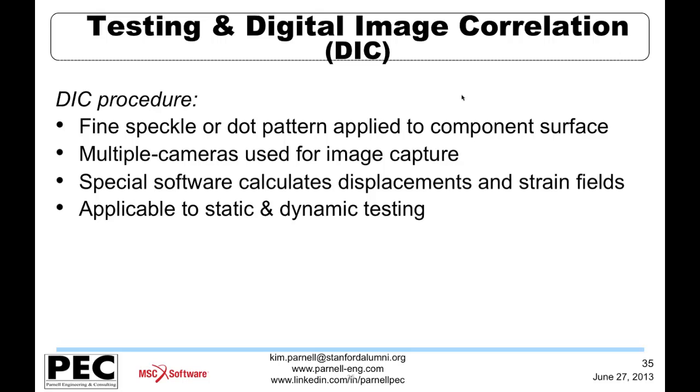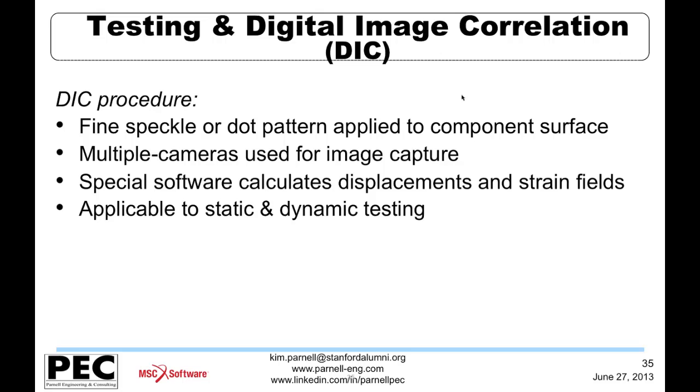It makes use of multiple cameras and can use some sophisticated software to take the camera images and compute displacement fields, and then from displacement fields compute strain fields, so 2D strain fields on the visible surfaces of the components.